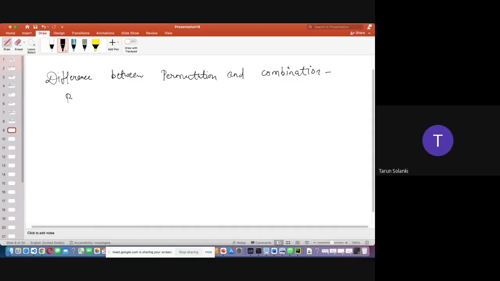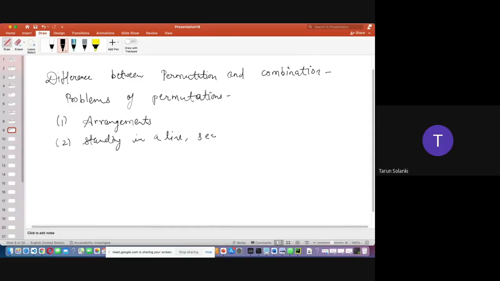So first we'll write problems of permutations. Okay, first one is arrangements. Second one is standing in a line or seated in a row.